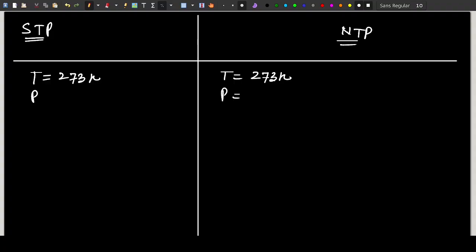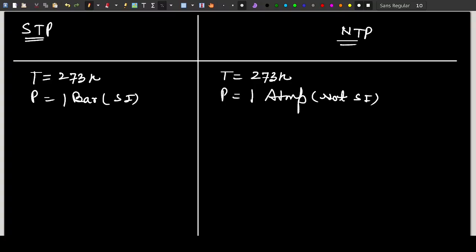For pressure, here it is 1 atmosphere, but here it is 1 bar. It is SI and it is non-SI. This is not SI.